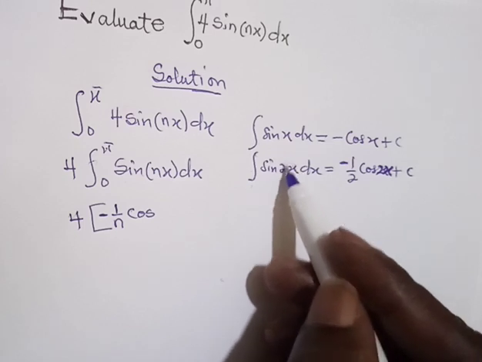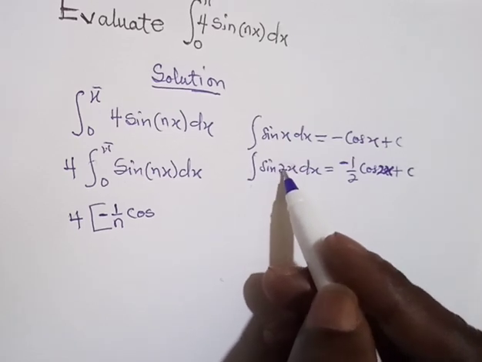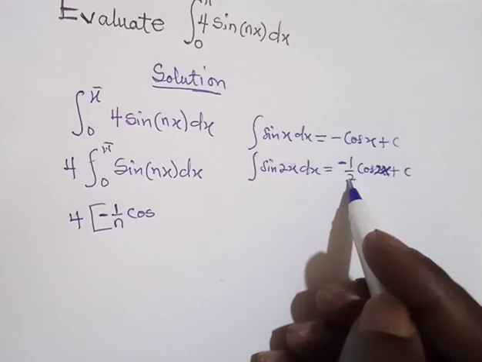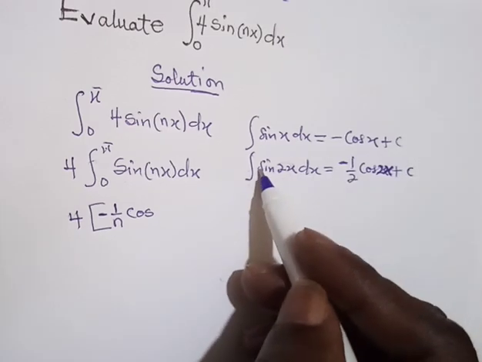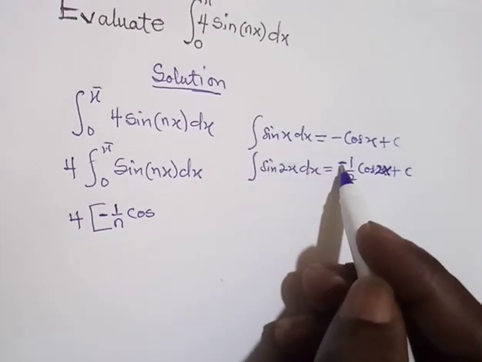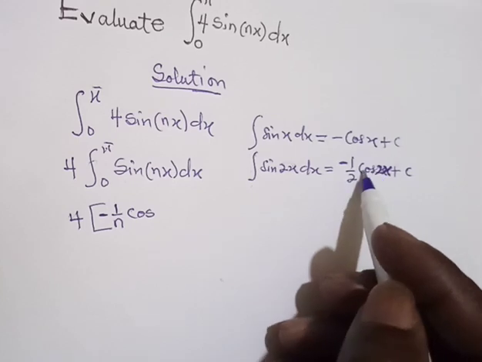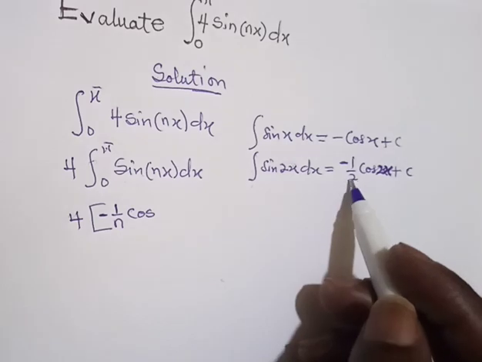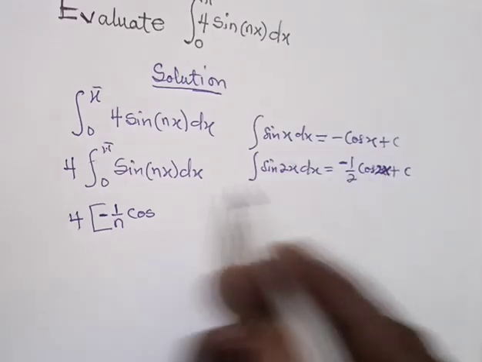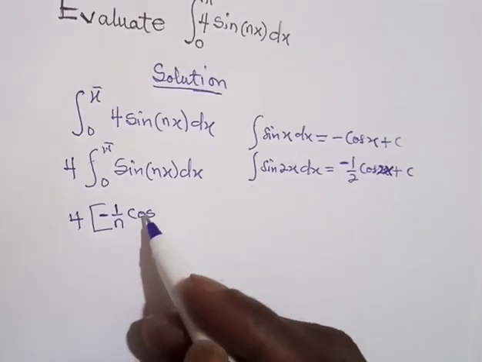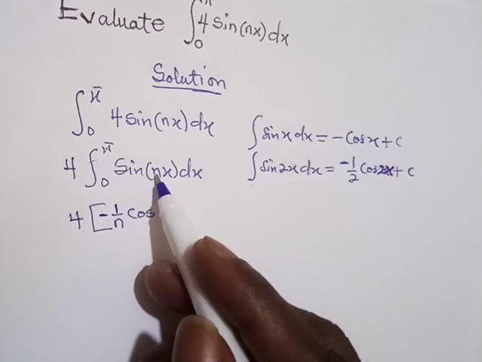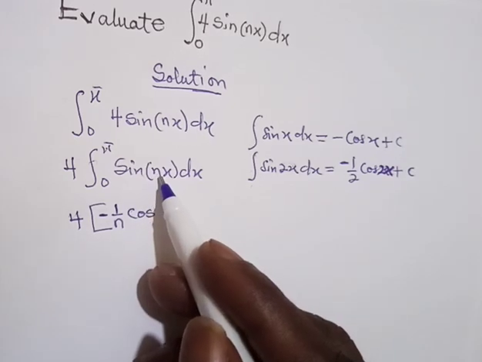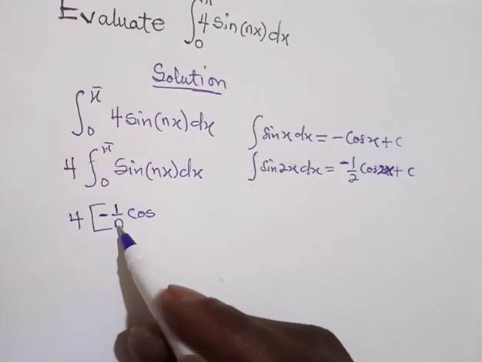So when you differentiate this, you are getting 2. So you divide the whole function by 2. But we know that when you integrate sine, we are getting negative cos. So the cos will take the same value here, but we have to divide it by 2. So that is what we are doing here. Because the n you see here is a constant, when you integrate it, you get a constant.